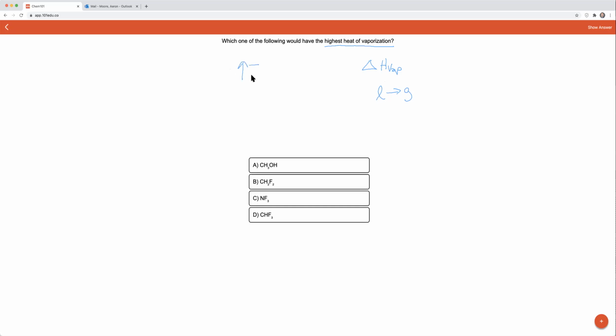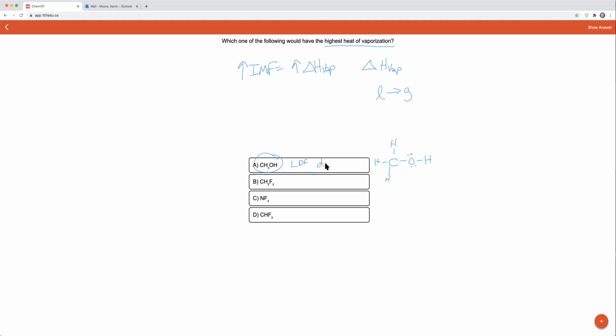So again, the higher the intermolecular forces, the larger the delta H of vaporization. So this molecule, remember, its structure would look like this. I'm just going to draw the Lewis structure. It's methanol. So it has the carbon with the 3 hydrogens with an oxygen and then a hydrogen, and this oxygen has 2 lone pairs on it. So it's got London dispersion forces because everything does. It's going to be a polar molecule because remember I told you that any organic molecule, a molecule with carbon and hydrogen that's got an oxygen in it with lone pairs, is going to be polar.